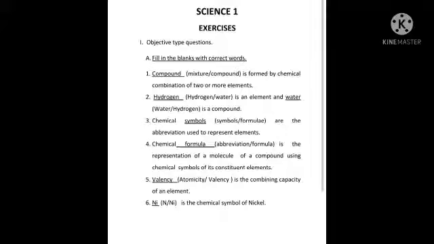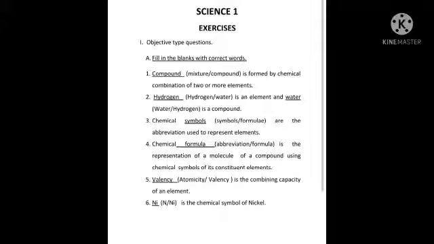Okay, fill in the blanks with correct words. First one, dash is formed by chemical combination of two or more elements. Here option they have given as mixture or compound. Here by chemical combination they have formed, is it?